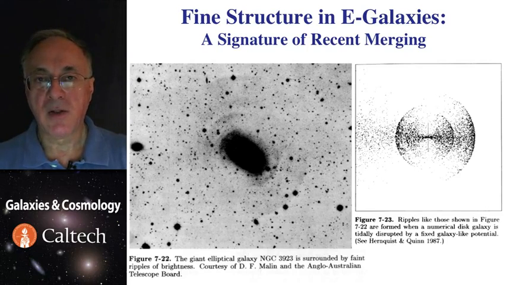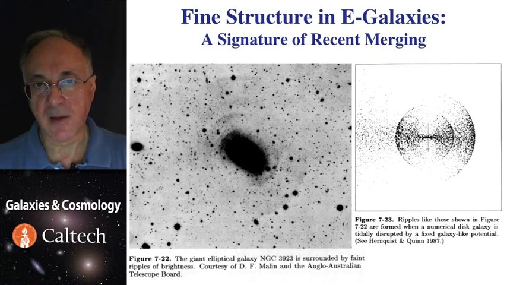If you have a largely two-dimensional stellar component, such as this galaxy, and then you merge it into an elliptical galaxy, the stars will still stay on a sort of two-dimensional surface until sometime later. And so what we see are diluted, stretched, curved pieces of former galactic disks that have been wrapped around the elliptical galaxy as they're being merged in. This has been seen in numerical simulations and certainly in observations.